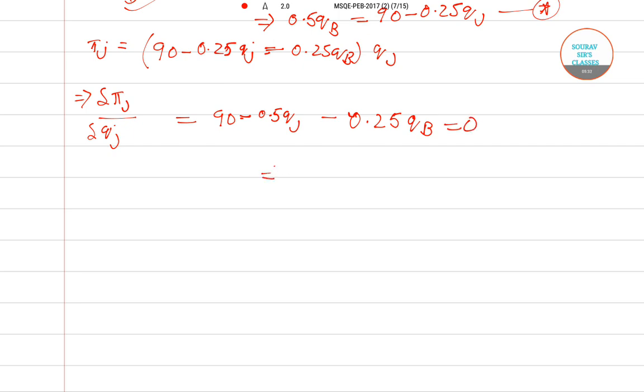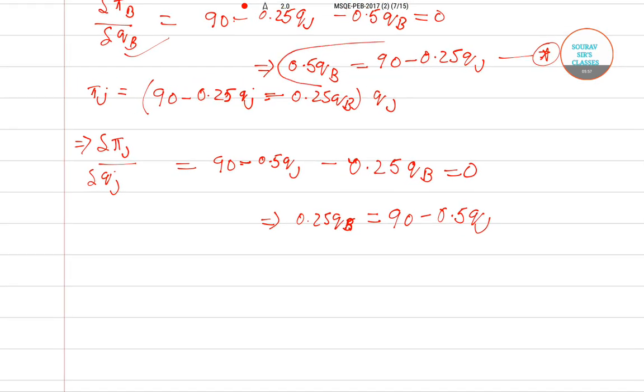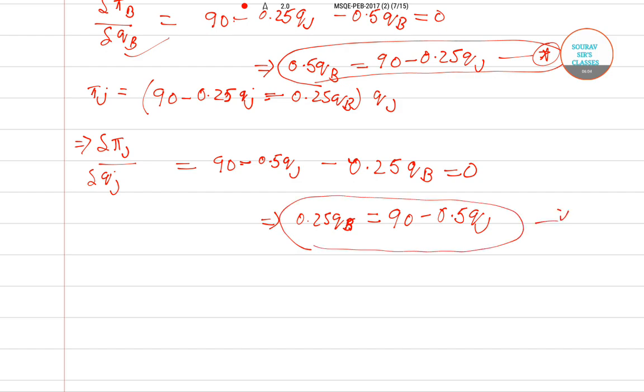So from here we have found 0.25QB equals 90 minus 0.5QJ. So we have found the value of this from here, and the value of that from here.